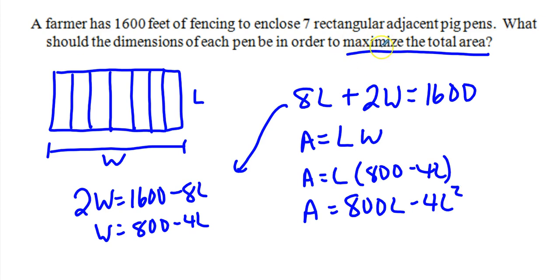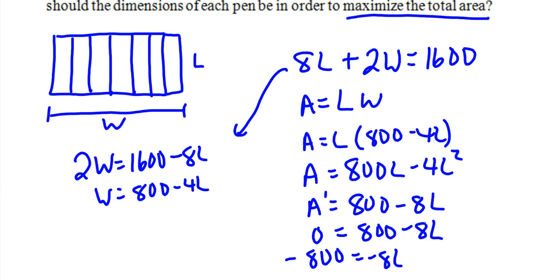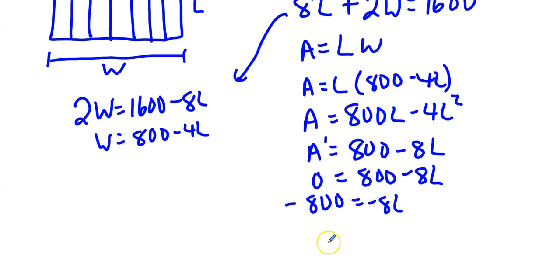And again, we're trying to maximize this, so now we take the derivative. So 800 minus 8L. And we need to find our critical numbers by setting it equal to 0 and solving. So we'll get L to equal 100. Okay.